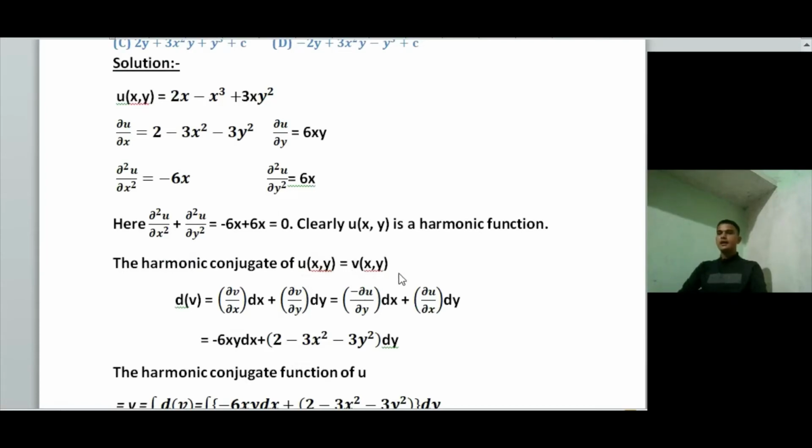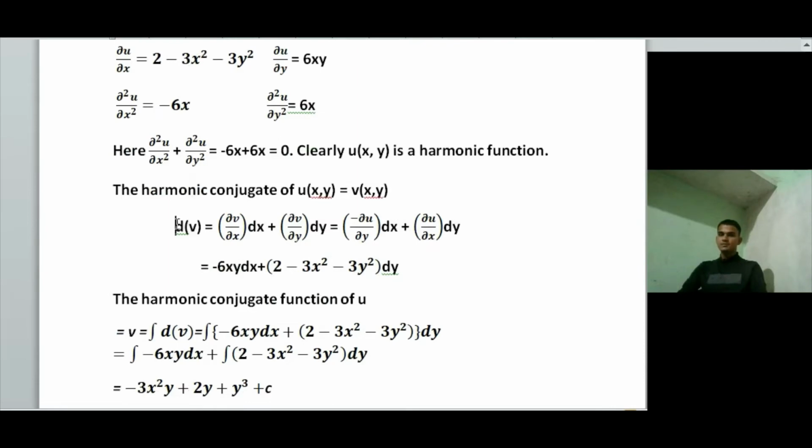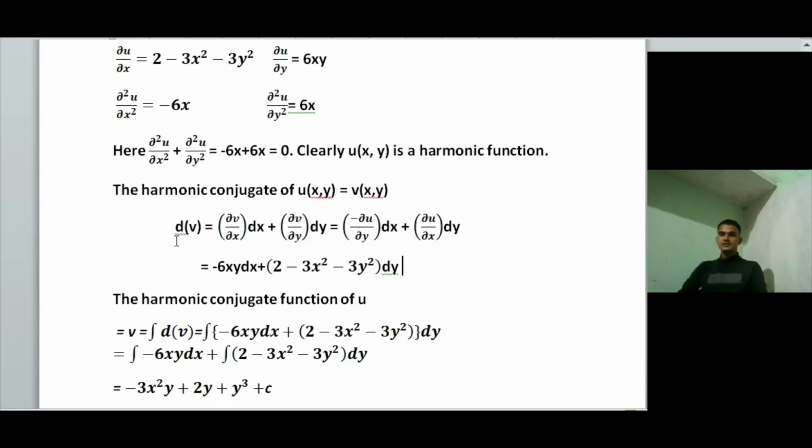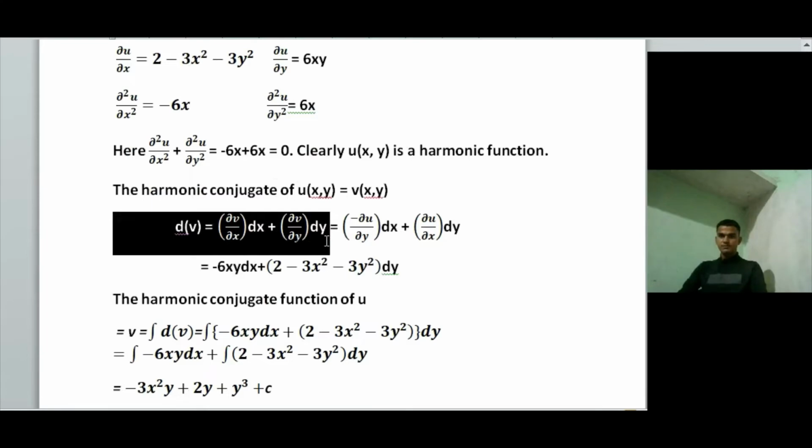Okay, let the harmonic conjugate function of u(x,y) be v(x,y). So we will use this formula to find out the harmonic conjugate function of u(x,y).